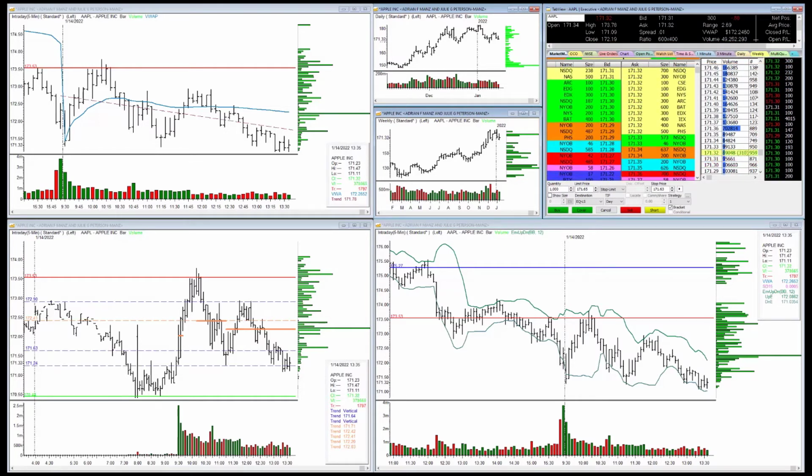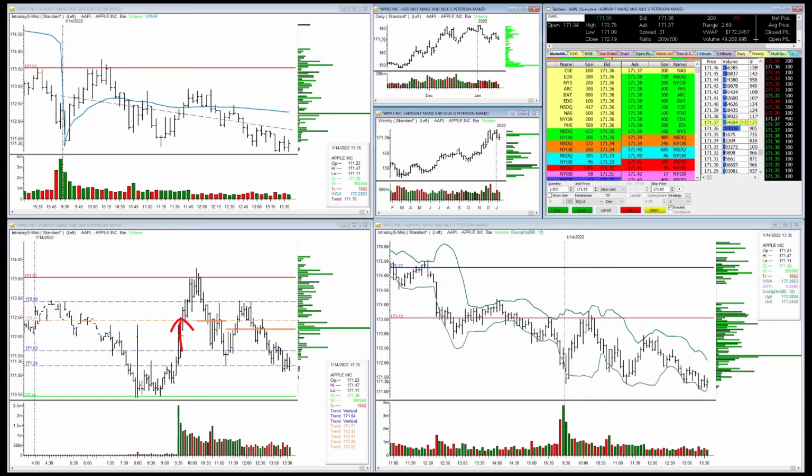Once the position was on, we saw a move up through the 171.63 level, and then, of course, the question was, where would you trail your stop? So if you were out 172.41 on your bracket, then there's nothing to trail. And if you wanted to trail it, a good thing to look at was the volume weighted average price of the first move higher, of this leg higher, that gets you up into this part of the range.